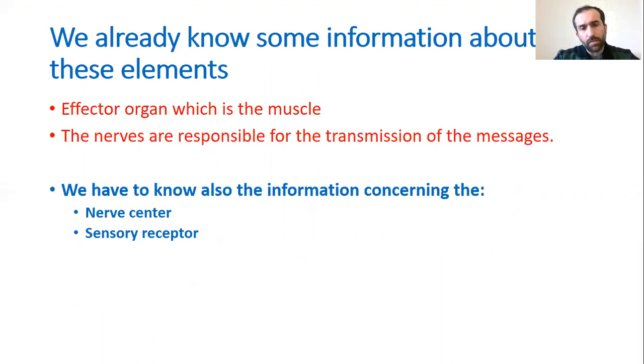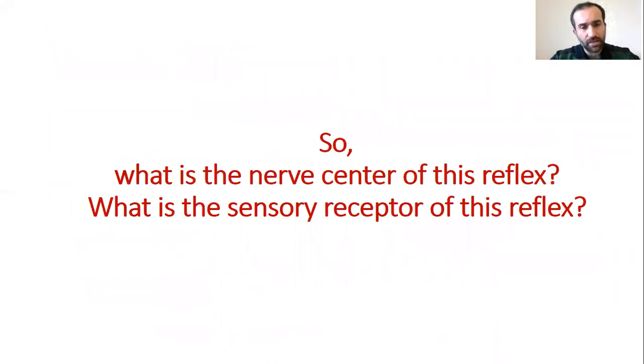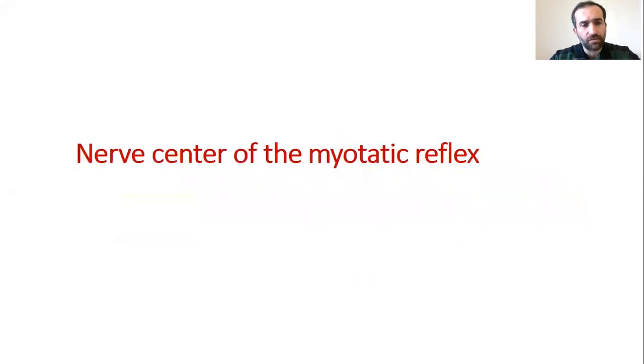The nerves that are responsible for the transmission of the messages are part of the elements of this reflex, but we have to study these nerves next time. Today, the information concerns the nerve center responsible for the reflex and the sensory receptor of this reflex. What is the nerve center and what is the sensory receptor of this reflex?